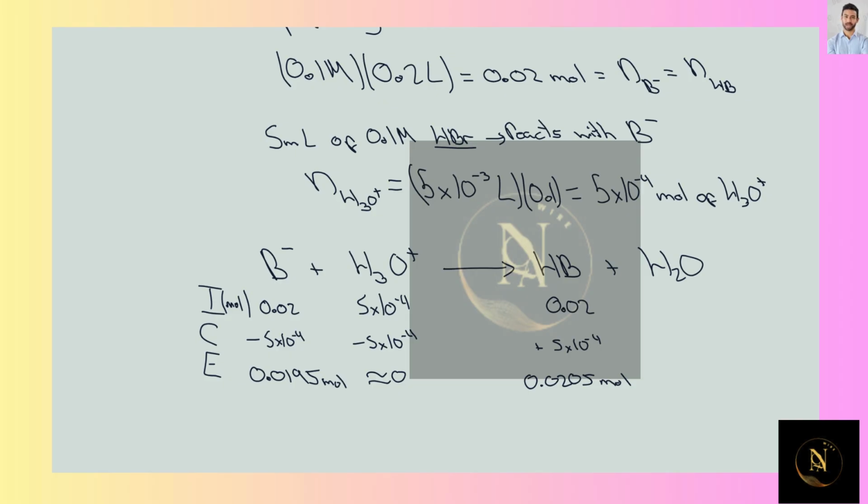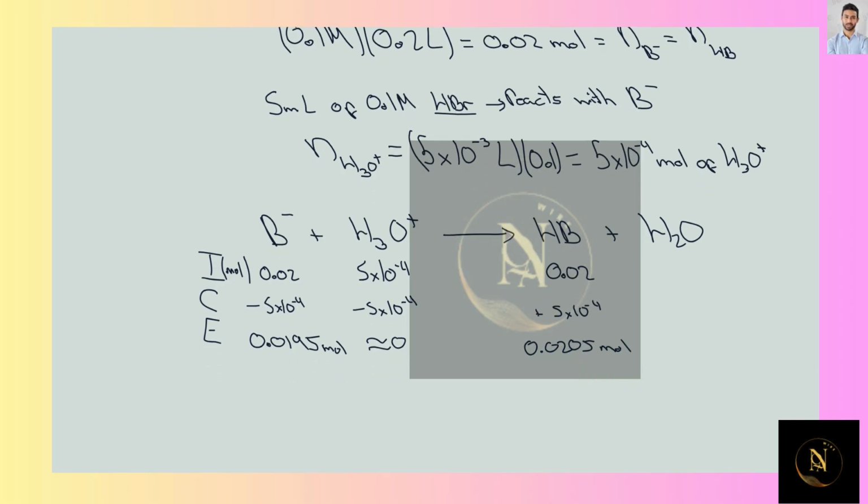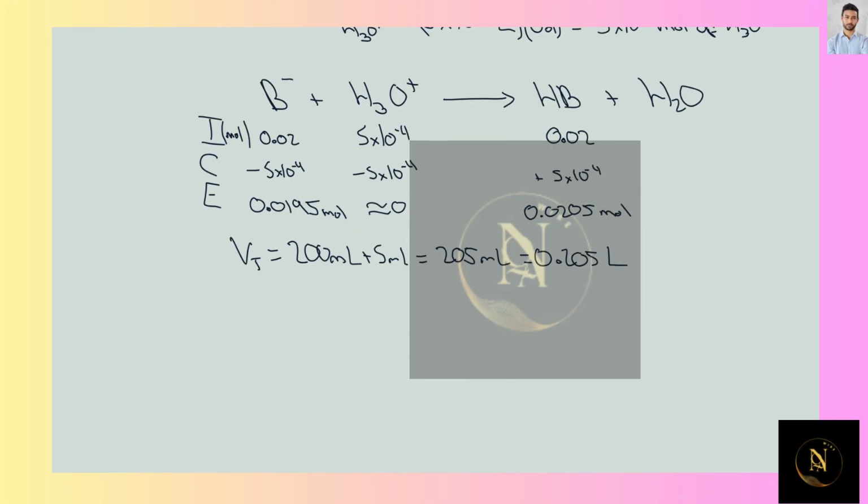Now, after doing this, we could go ahead and calculate the concentration, because the total volume is going to be 200 milliliters plus 5 milliliters, which is 205 milliliters, equal to 0.205 liters of solution, correct? But that is not necessary in this case, and we would have to do an extra calculation. Why is that?